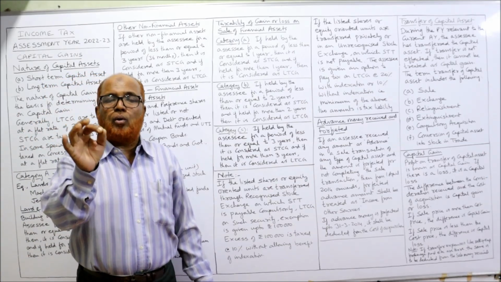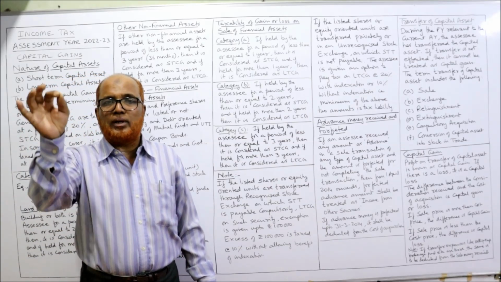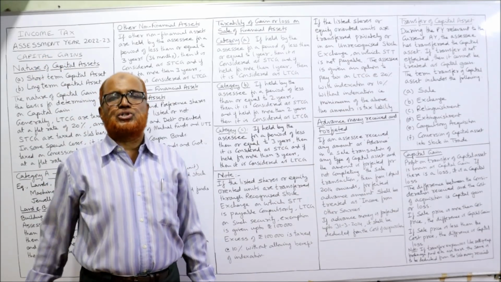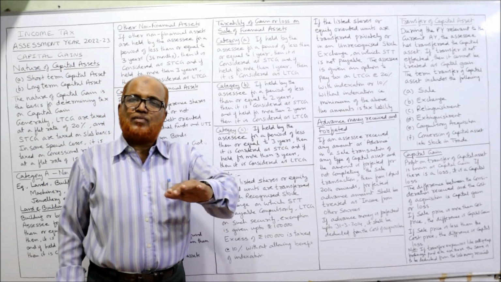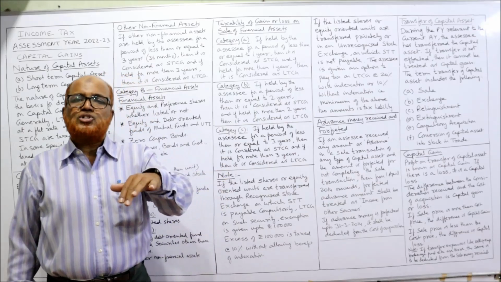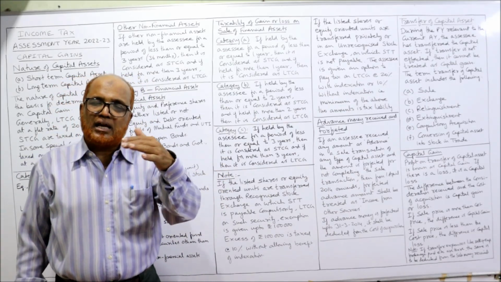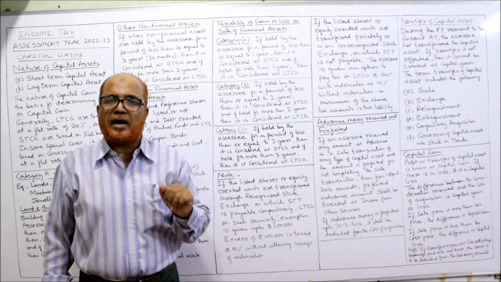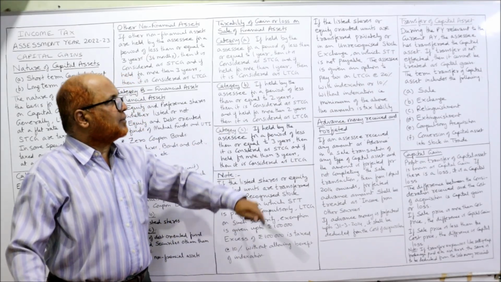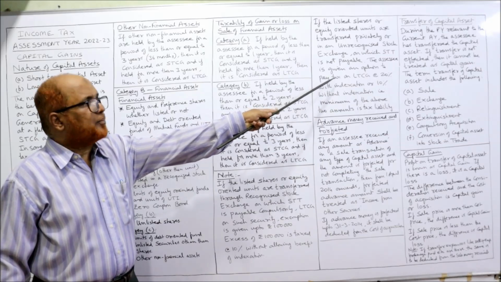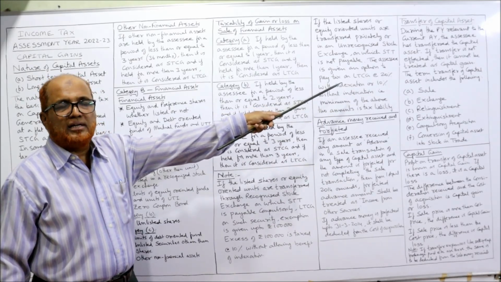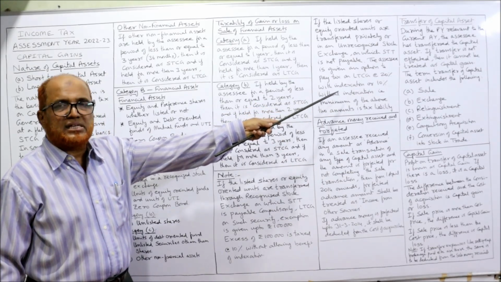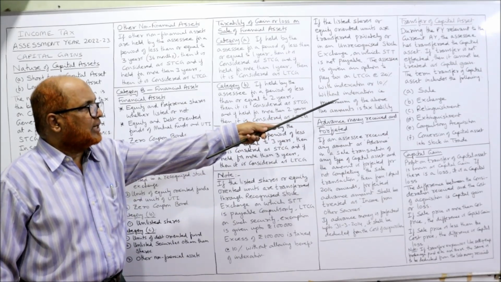STT is payable only if the shares are bought and sold in a recognized stock exchange. If the shares are transferred privately or in an unrecognized stock exchange, then STT is not applied. When STT is not applied, the assessee is given an option to pay tax on LTCG at 20% with indexation and 10% without indexation.